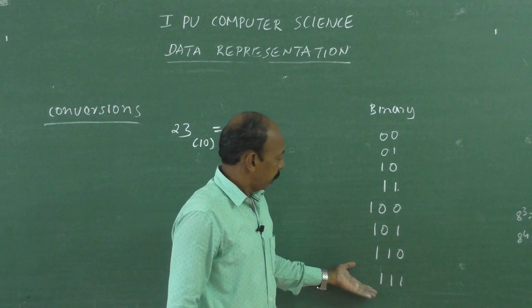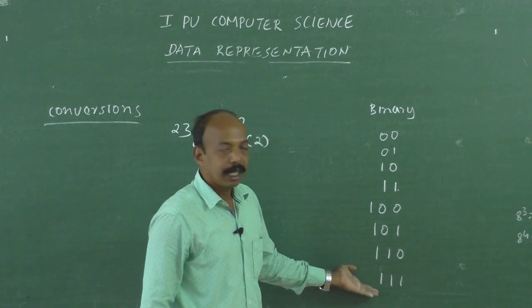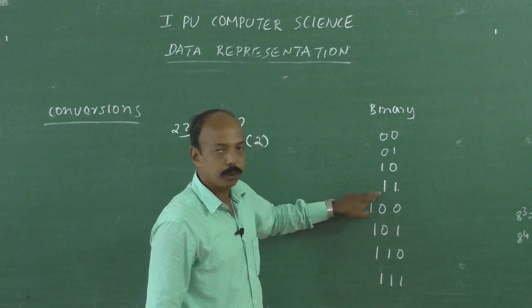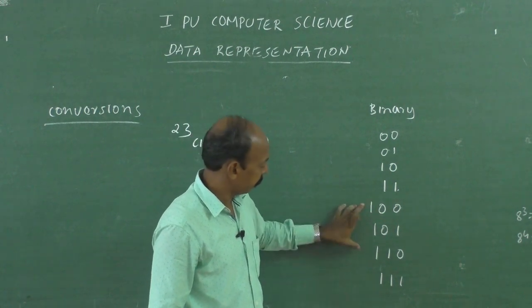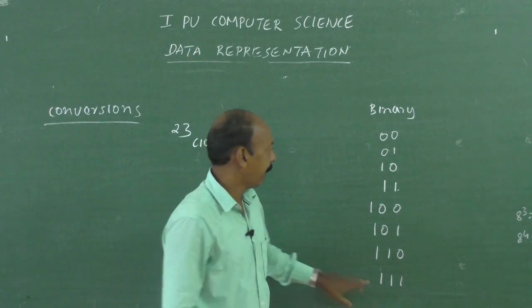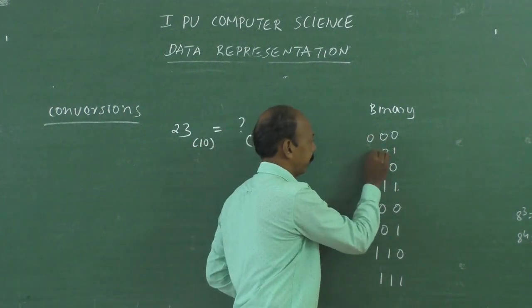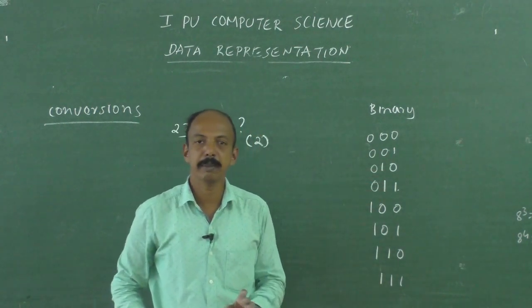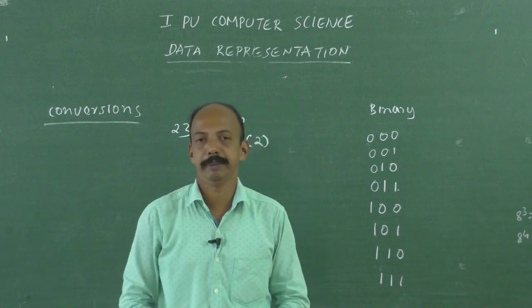Now, suppose we are asked to write the numbers with respect to 3 bits. Up to here only 2 bits were used, and from here to here it's 3 bits. What we need to do is add a 0 to the left side if it is asked to represent the binary numbers with respect to 3 bits.